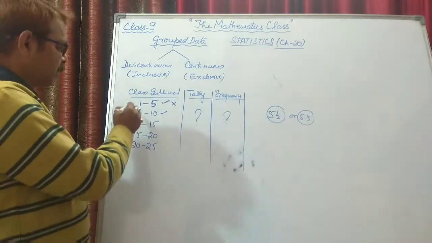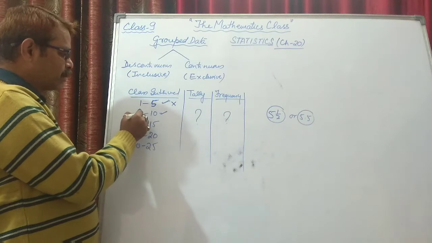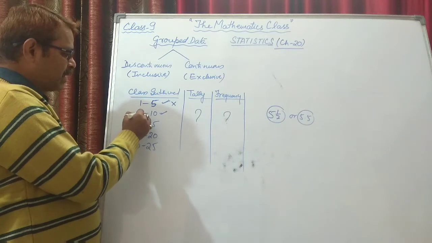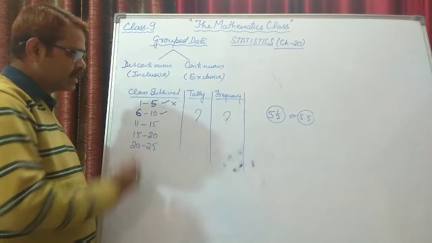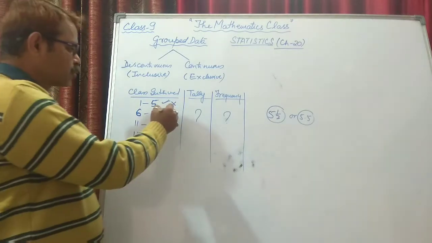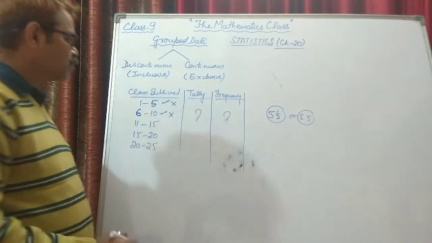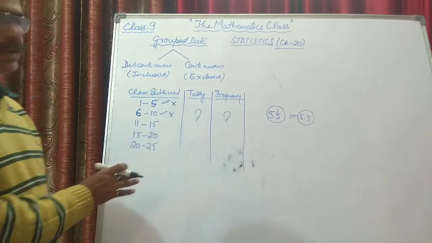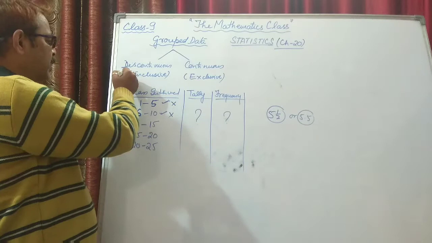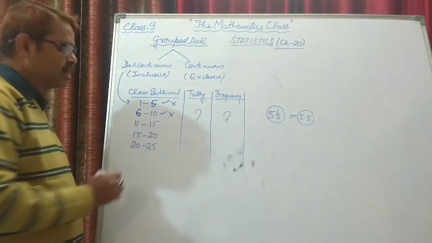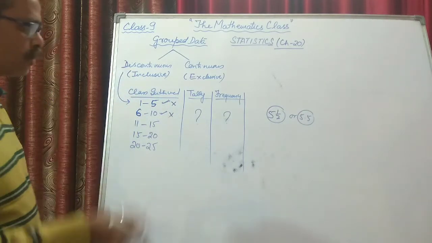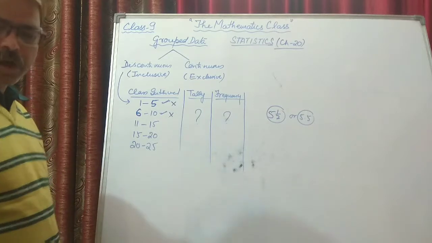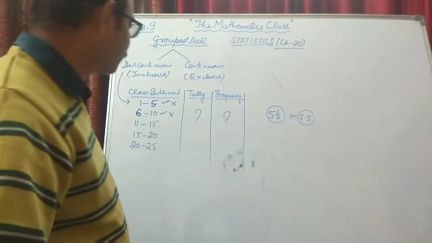At the same time, the second class starts with 6, and 5.5 is less than 6, so in this class also he cannot enter. So this class interval is discontinuous. It is not continuous. So we have to make it continuous. That will come later, how to make the class continuous.